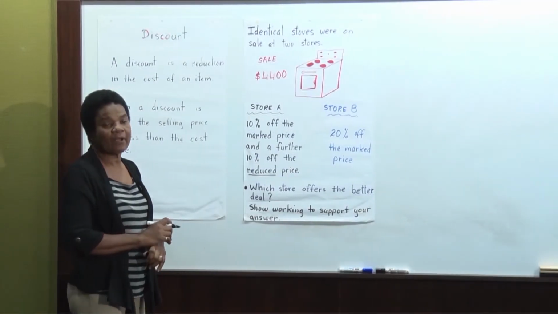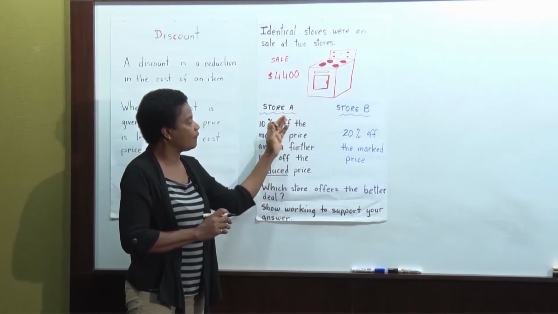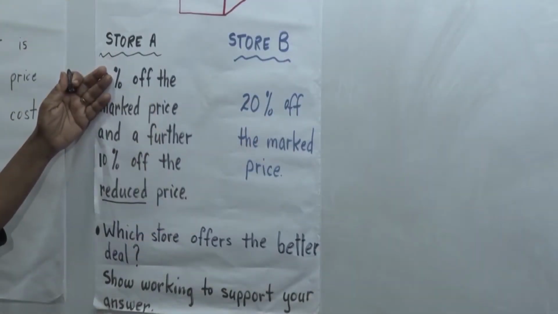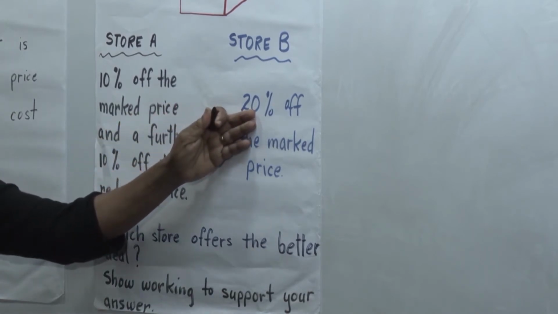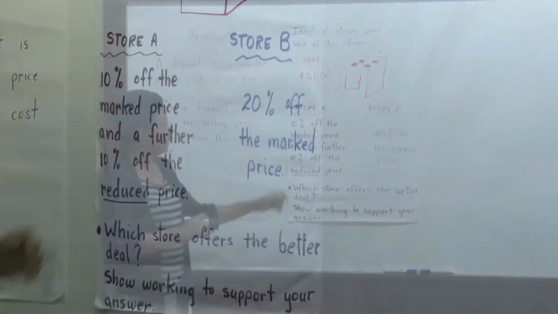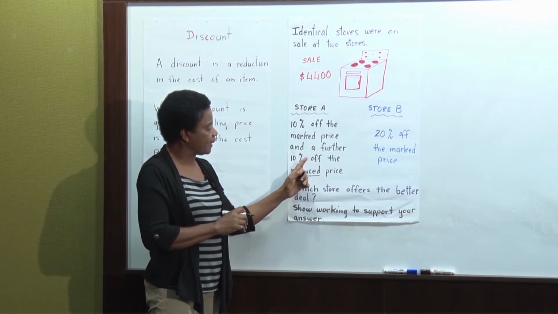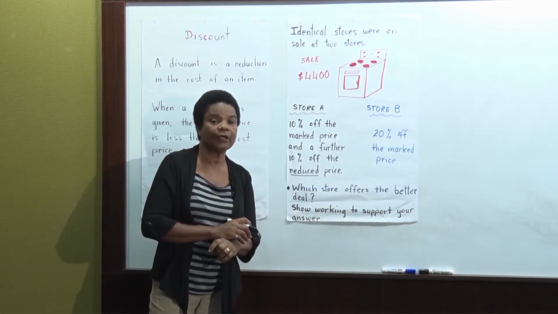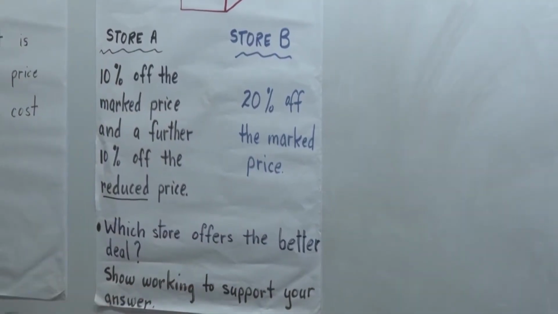Before we attempt the question, I want you to think and tell me which store you think offers the better deal. 10% off the marked price and a further 10% off, or 20% off? In fact, try to answer the question. Is 10% off the marked price and a further 10% off the same as 20% off? We're going to find out. Show working to support your answer.